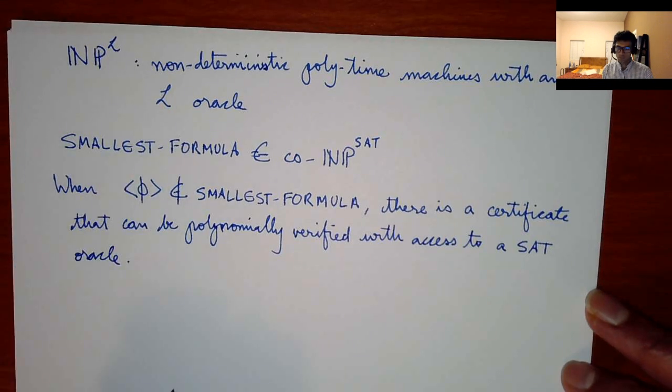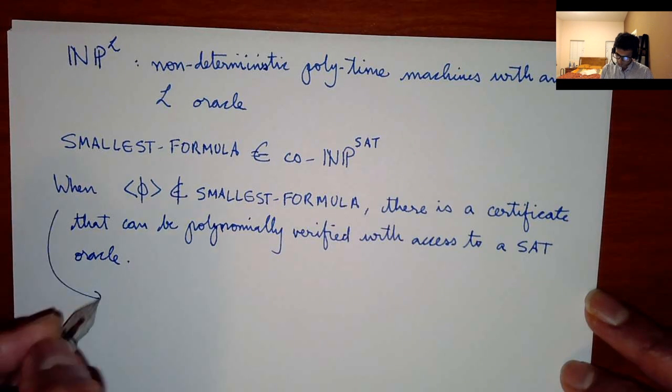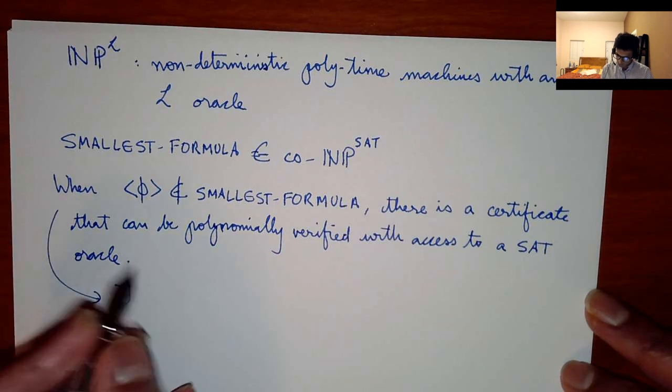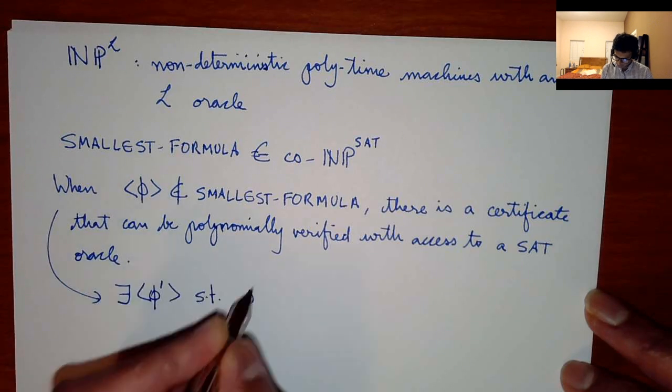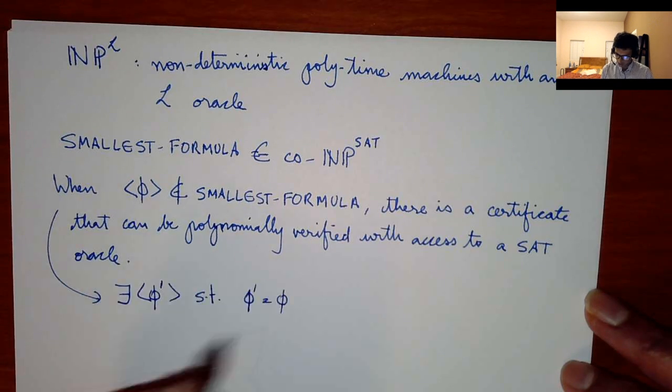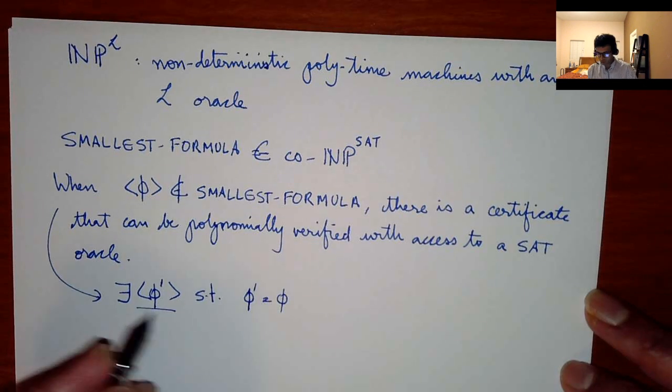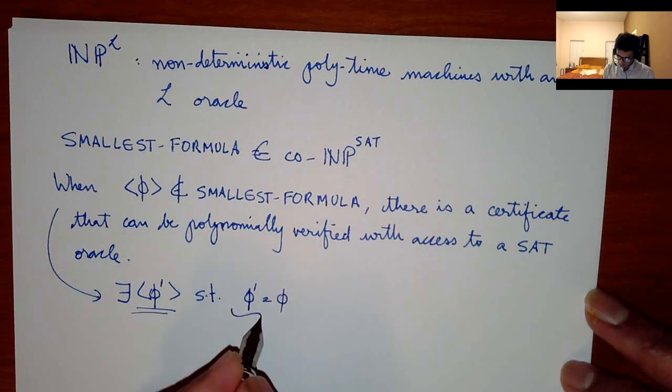Because in this case, what this means is there exists some phi prime such that phi prime is equal to phi. So this is the certificate, and this requires a SAT oracle.